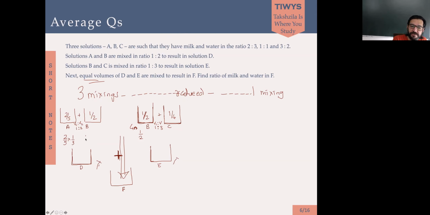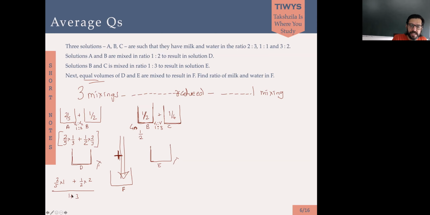What is the milk proportion in the second one? Half. And the weight is 2/3. Like this, I can do the calculation of fractions more easily, rather than doing 2/5 into 1 plus 1/2 into 2, divided by 1 plus 3.